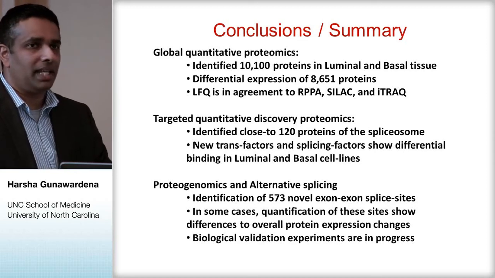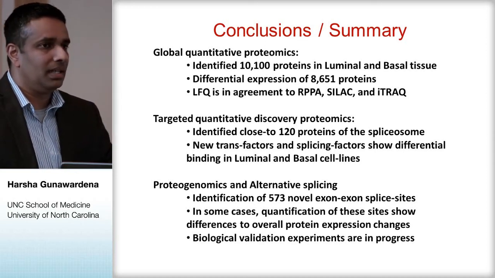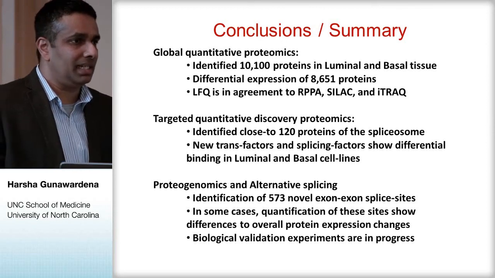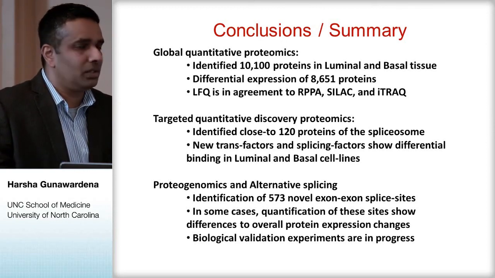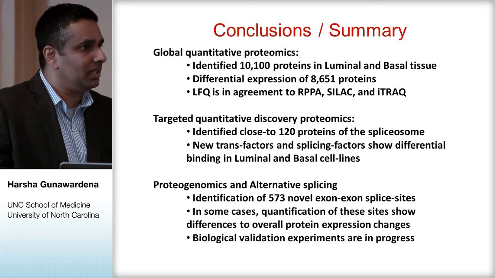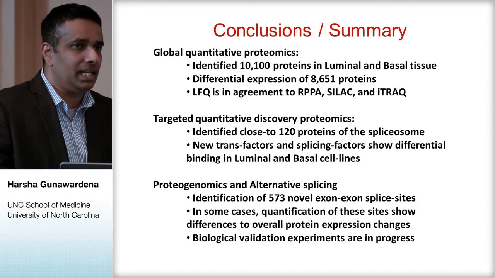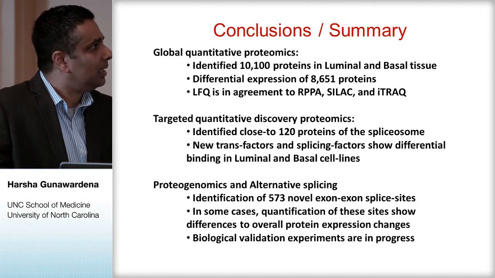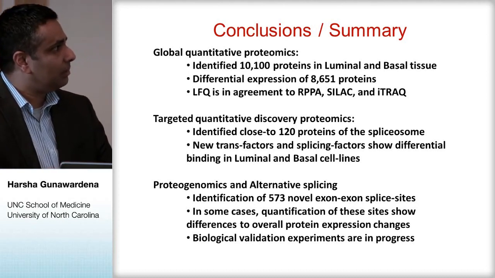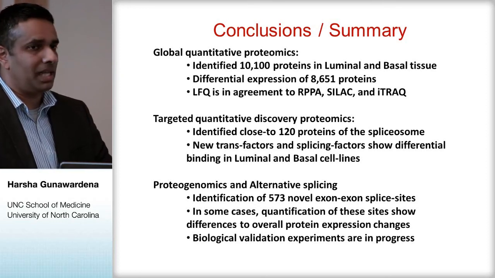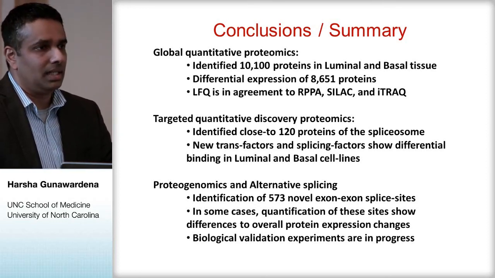The label-free quantification is in agreement with the limited RPPA data sets that we have, and also the spiking SILAC data that we have. We've also got iTRAQ data from other members of the network to also look at our data, and they are in very close agreement.